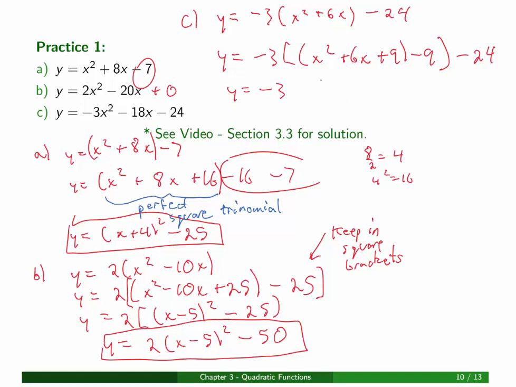Now here we go. This is going to come out to be, everything's positive, so it has to be plus 3. That's the square root of 9, right? Squared. And we just rewrite everything. Now we're going to distribute negative 3 to negative 9 here and to x plus 3 squared to give you y equals negative 3 times x plus 3 squared plus 27 minus 24.